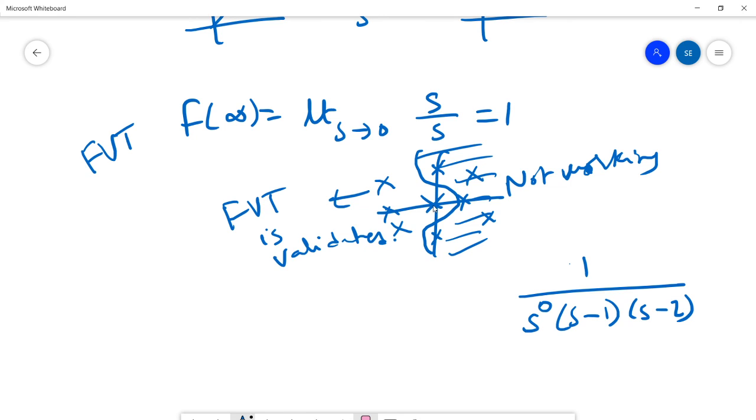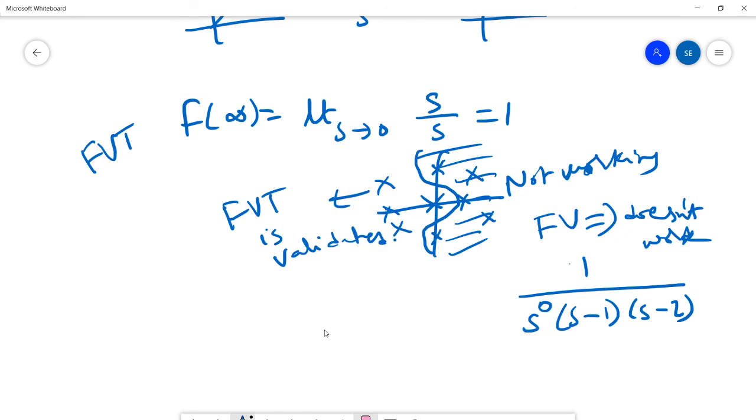So there is no pole on origin and there are poles on right hand plane. So for this final value theorem is not applicable, it doesn't work, it is not defined.